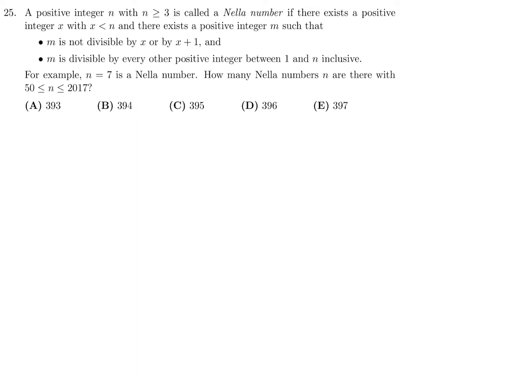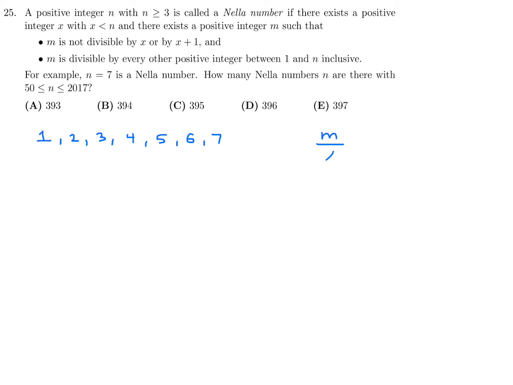First thing is, let's try to understand why n equals 7 is indeed a Nella number. Well, we have to look at all the integers in the range from 1 to n inclusive, and then figure out an m such that when you divide it by every number in that range, it results in an integer except x and x plus 1.